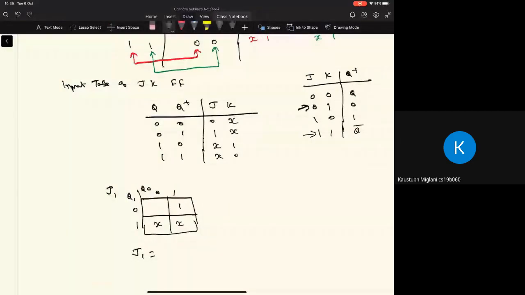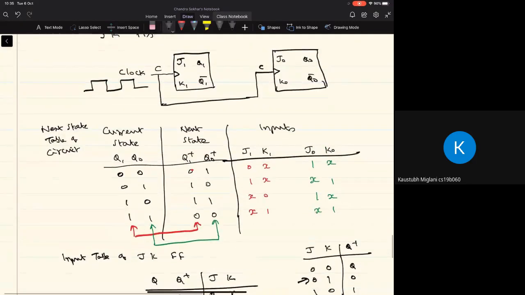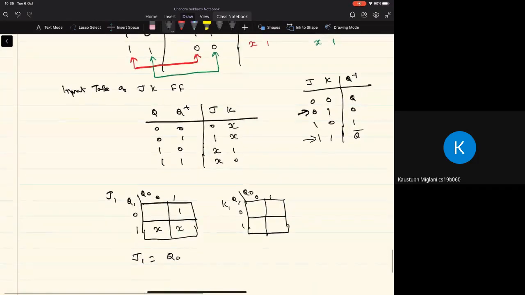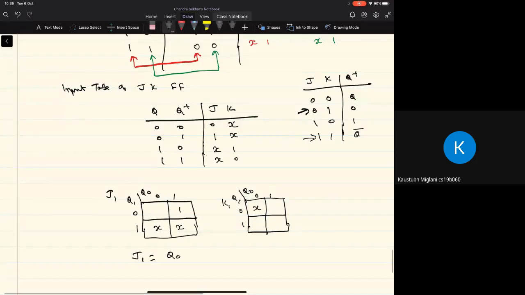When we simplify this Karnaugh map, we see that J1 is Q0, and you can verify that the entries for K1 are XX01, right? So it turns out that K1 is also given by Q0.